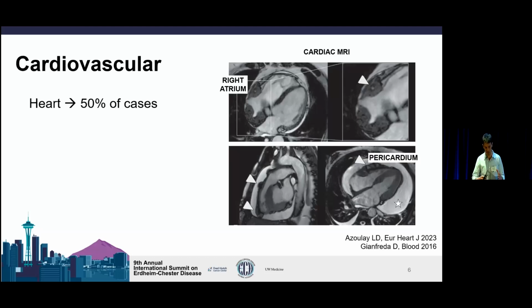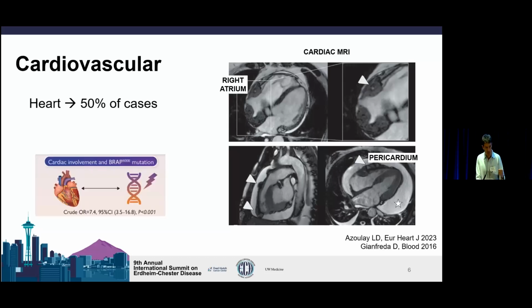And when this is enlarged and there is some liquid that accumulates, this can compress the heart and limit its function. We have to see the cardiac involvement is strongly associated with the BRAF mutation, which means it's very rare to have cardiac involvement and not have a BRAF mutation.